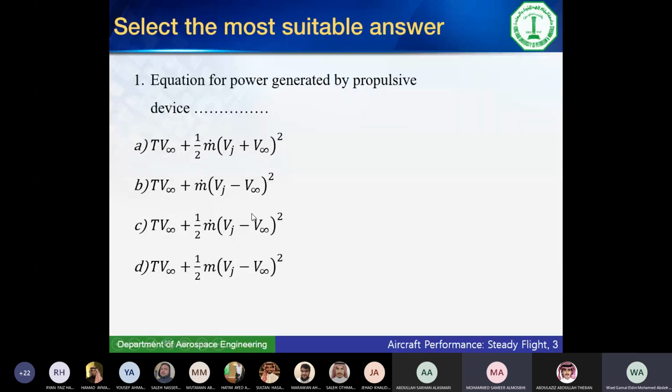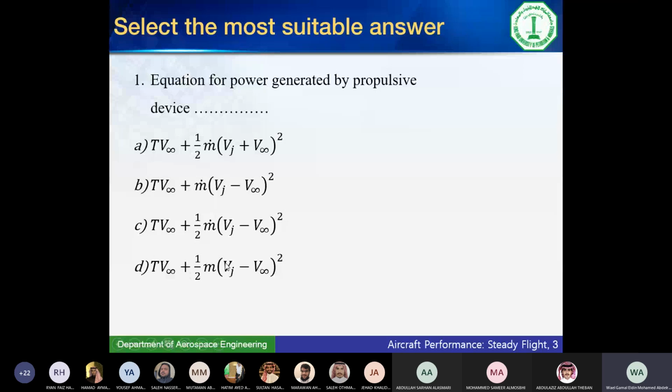Right. But shouldn't it be minus? Which one, minus? TV minus half mass flow. No. Why would that be? TV is the useful power, so you can see it here. It is the useful power, and this is the wasted power. So that would be the total generated power. We are asking for the total generated power, so this is the useful and this is the wasted.